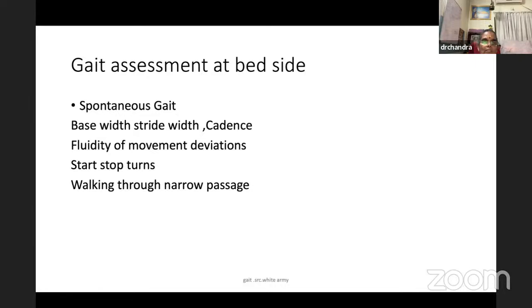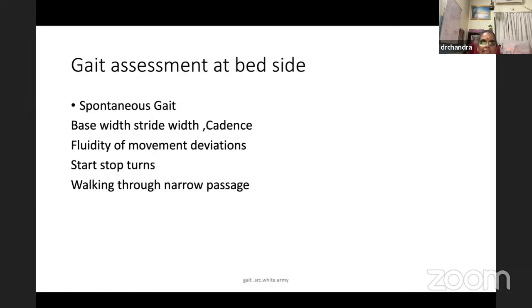Then a spontaneous gait, how are you going to observe? Base width, stride width, cadence, fluidity of movement, deviations from the normal movement, start, stop, turns, walking through narrow passage. Base width is the distance between both feet. Then stride width is the distance between the 2 feet while walking.